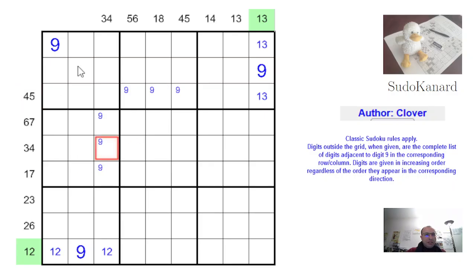And we will have similar logic here, with 4 and 5 interacting like this, and 3 and 4 interacting here. So if we try to put the 9 here, then we get 3 and 4 here, and we get 3 and 4 there. And 4, I said, which is impossible. We must have 3 cells here occupied by 3 and 4.